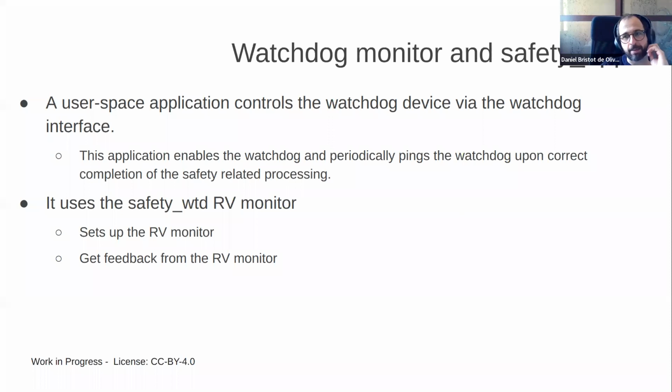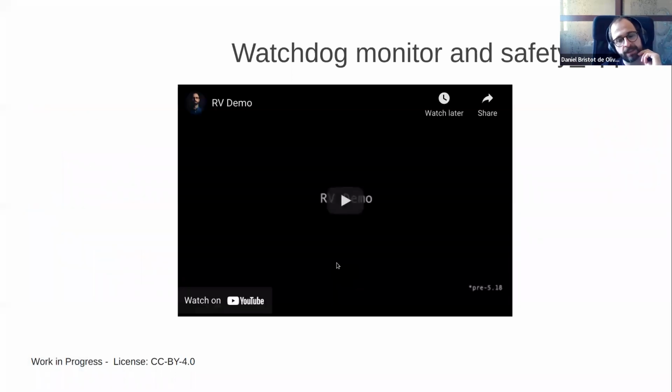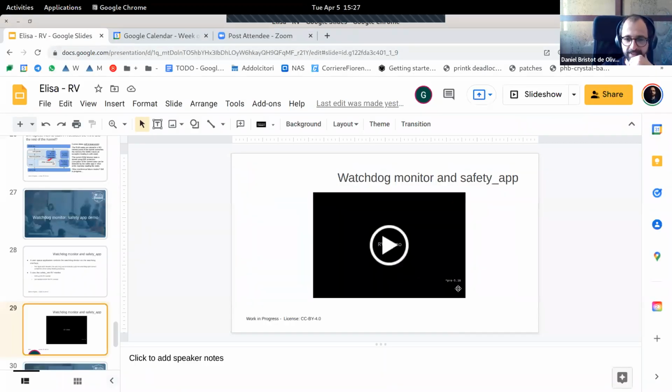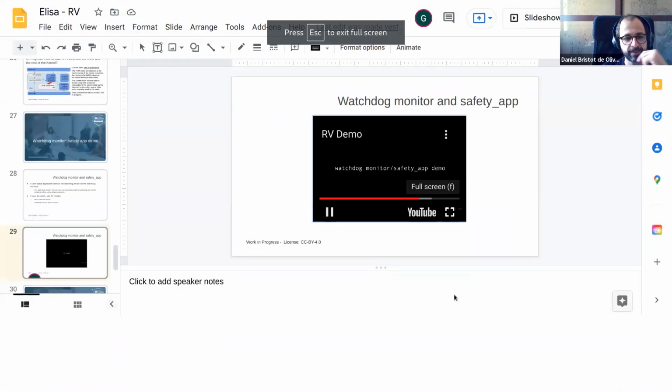This safety app, which is a skeleton tool that can be used for other applications, also uses the RV monitor, the safe watchdog monitor that Gabriele explained, to see if the monitor is running itself, to cross-check one thing from the other. So it sets up the RV monitor and gets feedback from it. Here is one example of how we see this in practice. This is also part of the RFC.